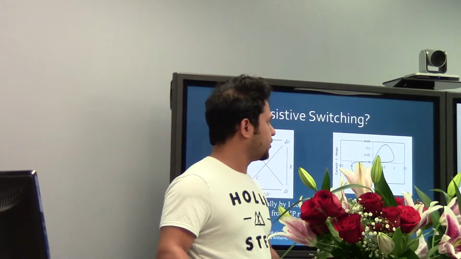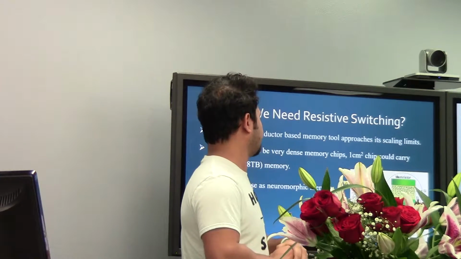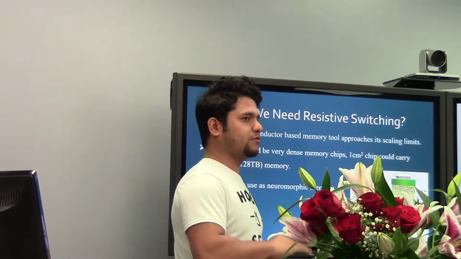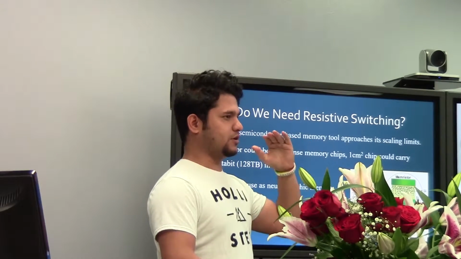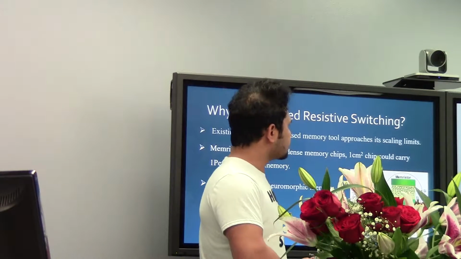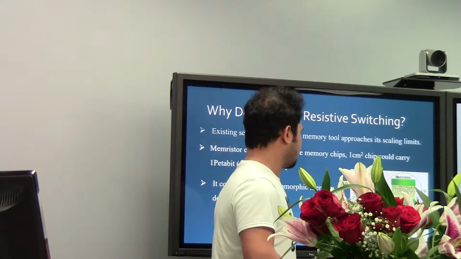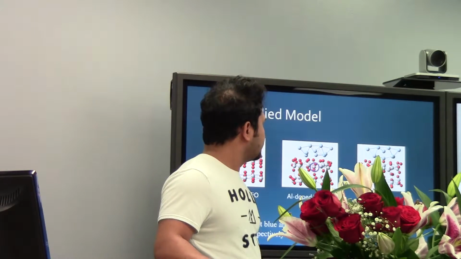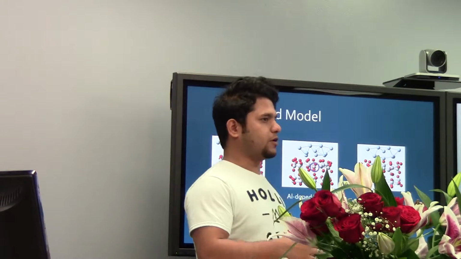So we are going to make devices with these properties, but the question is why we need them. In one sentence, recent semiconductor-based technology is almost at its theoretical limit, so we need new mechanisms. This could be a replacement for these devices and can be used for neuromorphic device designs.